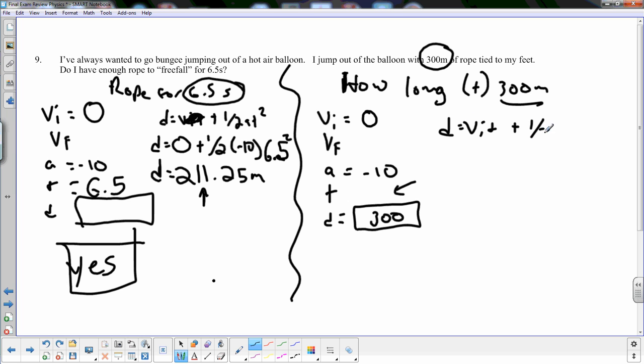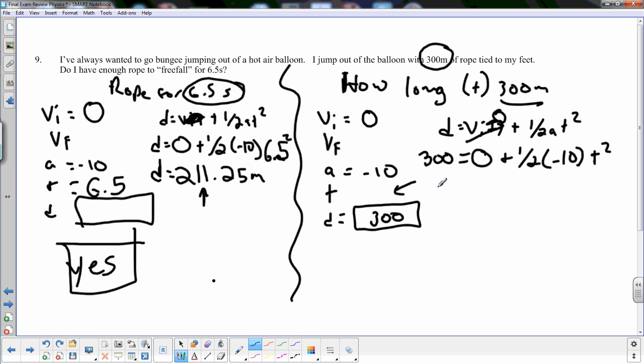The VI is 0, so that VIT term is going to be 0, plus 1/2 negative 10 t squared. This time we're solving for that time. So I got 300 meters of rope. How long am I going to free fall for? Let's find out.